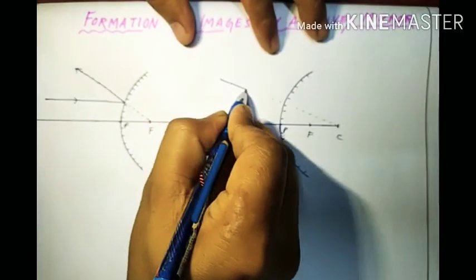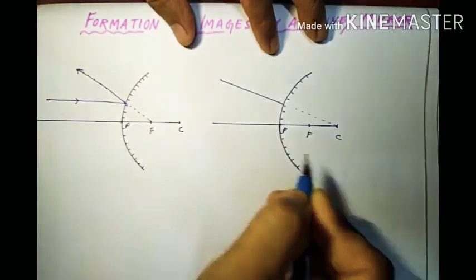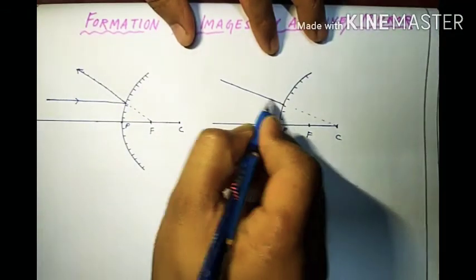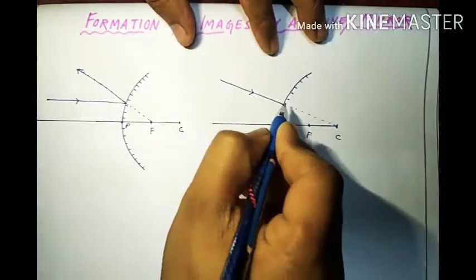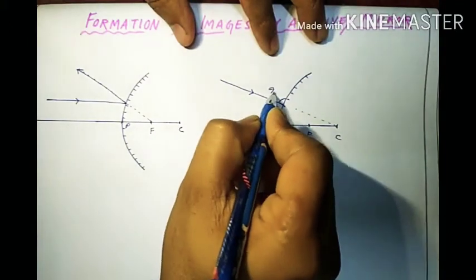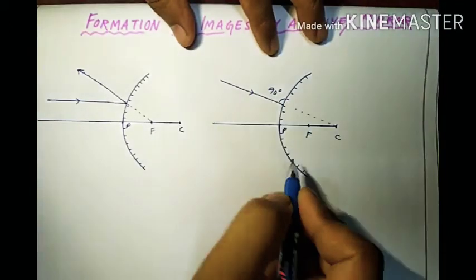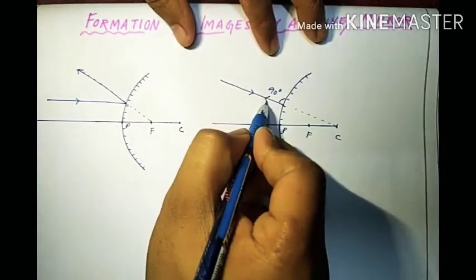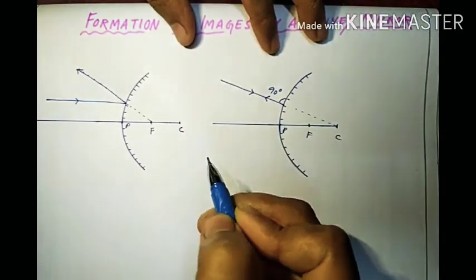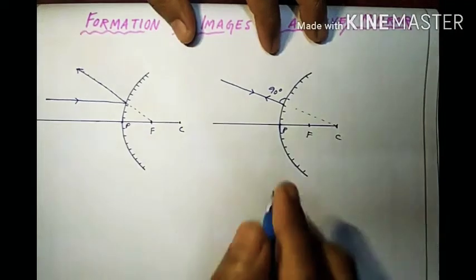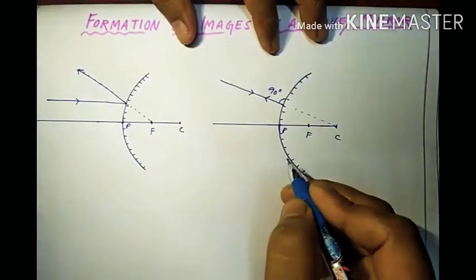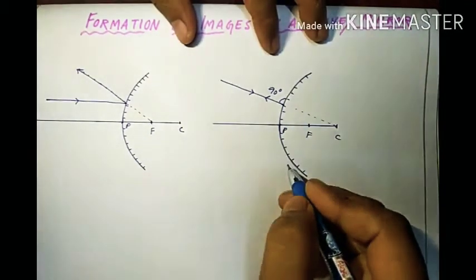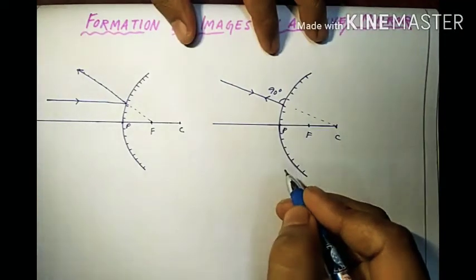Now if it is traveling towards the center of curvature, this ray here is at 90 degrees, so it is normal at this point, so it will reflect back. By this knowledge we are going to draw the image formed by a convex mirror.